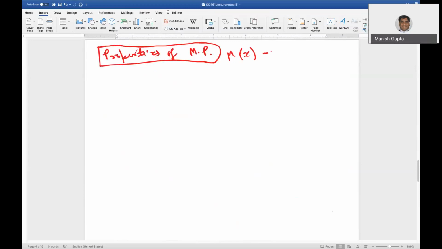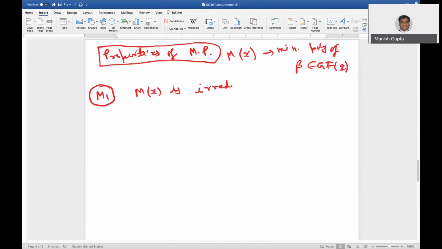What is m(x)? The minimal polynomial of beta, which is an element in GF(q). First property: m(x) is irreducible. The minimal polynomial is irreducible.